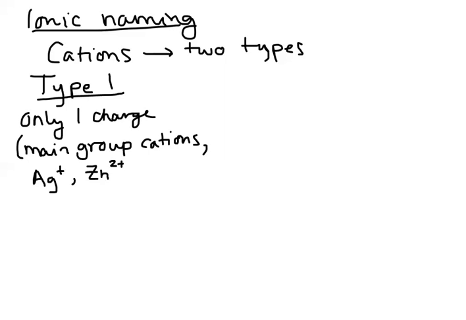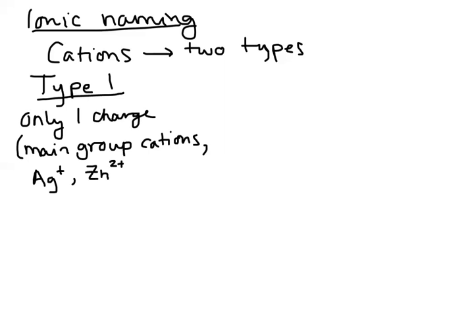And there's actually a really helpful little trend here. If you look at Al, what's the charge on Al? 3 plus. And then what did I just tell you the charge on zinc is? 3, 2, 1. It goes in a diagonal.